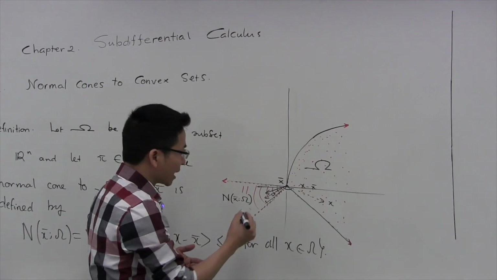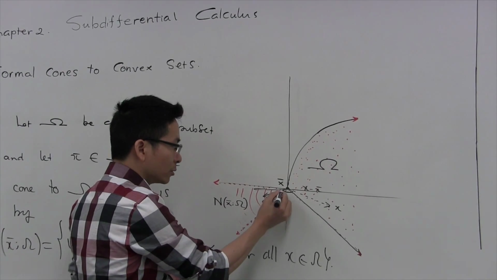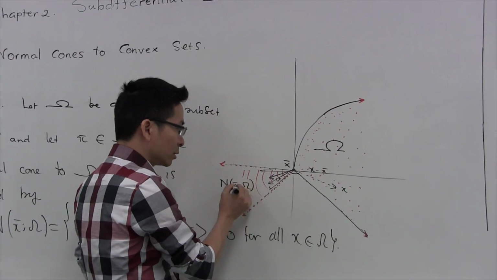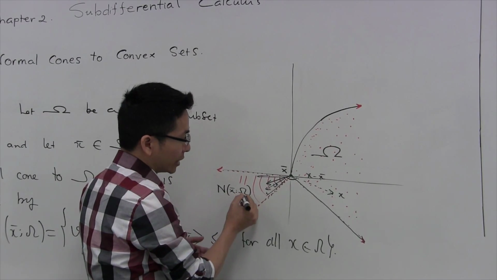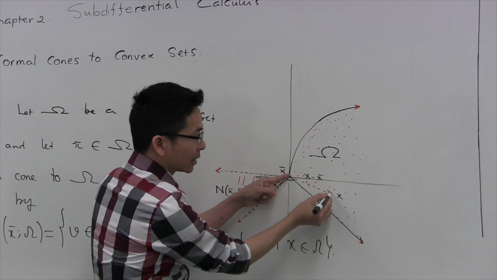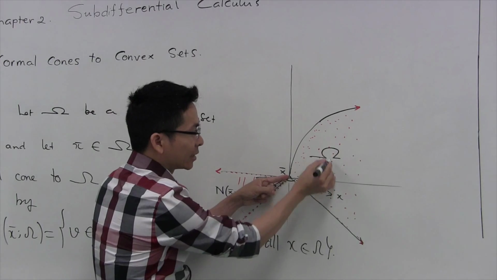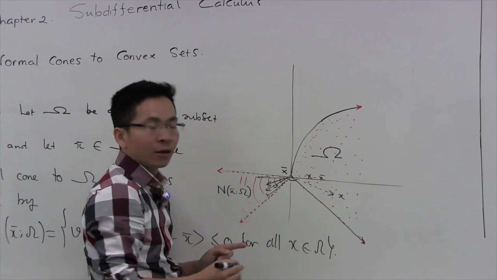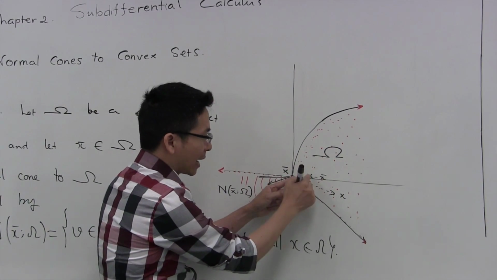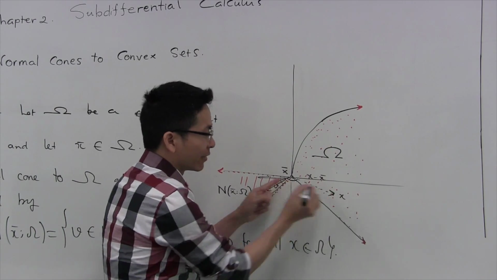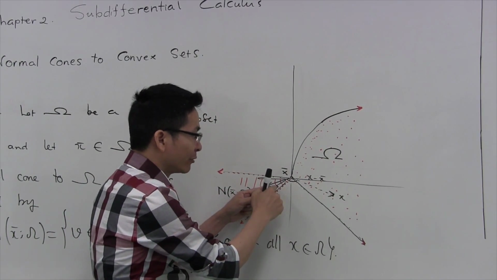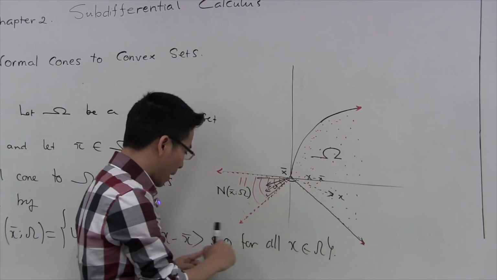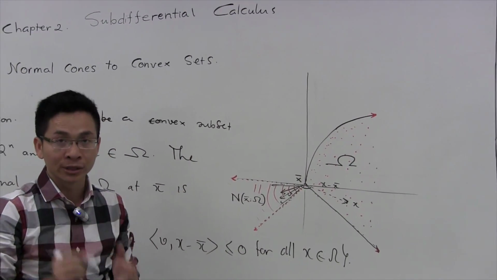Now observe that v belongs to the normal cone to the set omega at x bar if and only if, whenever we take any point x in the set omega and form the vector x minus x bar, the inner product between v and x minus x bar is less than or equal to 0.